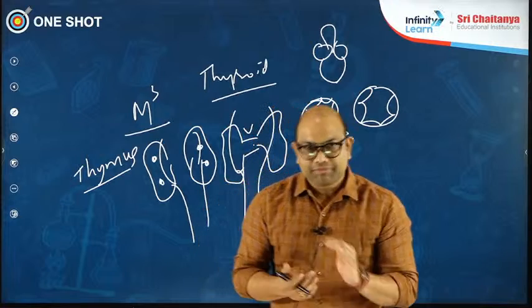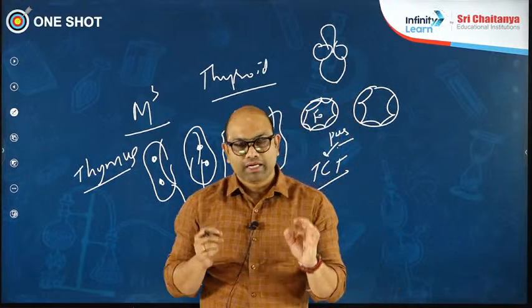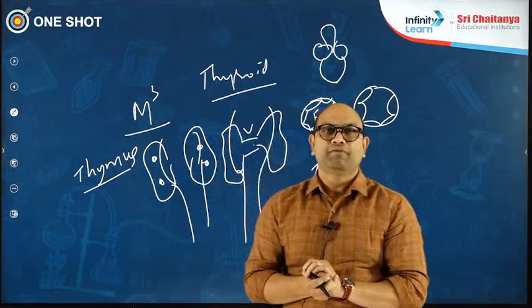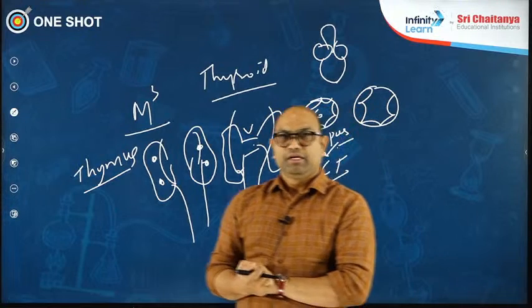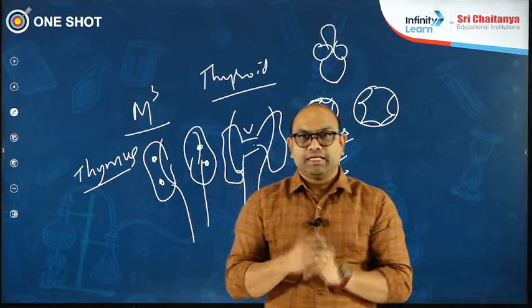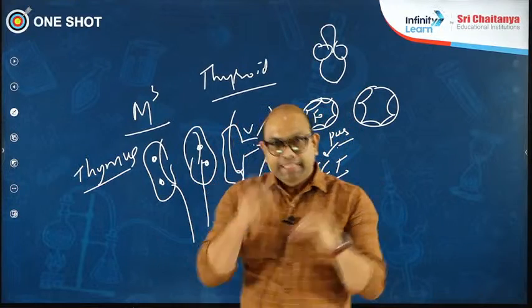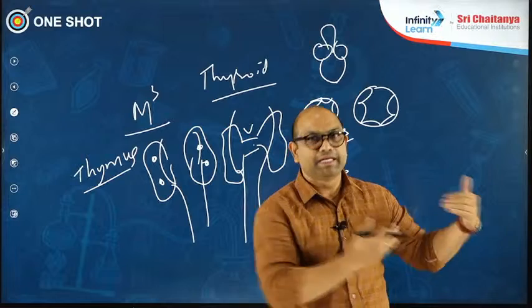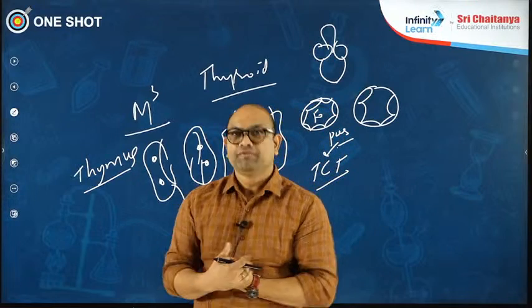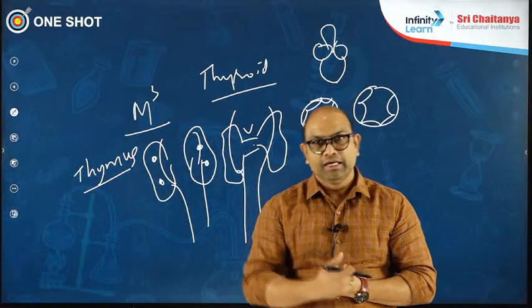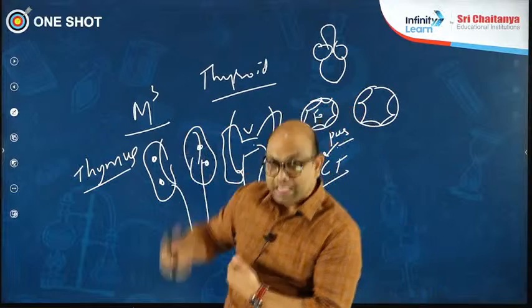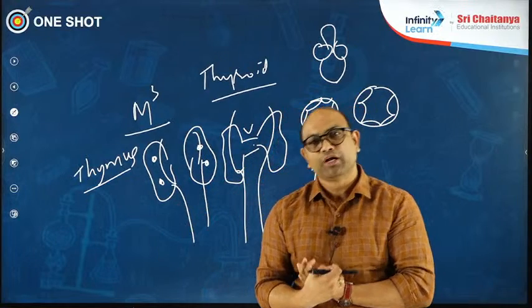The function of thymosin, it is mainly involved in the maturation of T lymphocytes. There are 2 types of T lymphocytes majorly here, TC and TH. TC lymphocytes are involved in cell mediated immunity directly. TH lymphocytes can influence the cell mediated immunity, and by activating the B lymphocytes, they can influence the humoral immunity also.